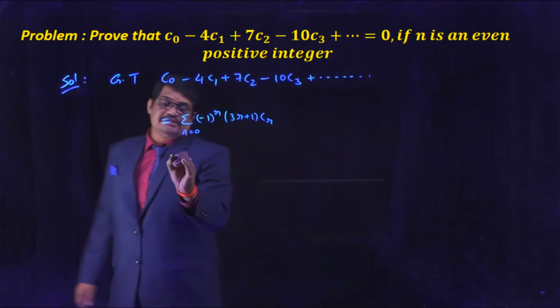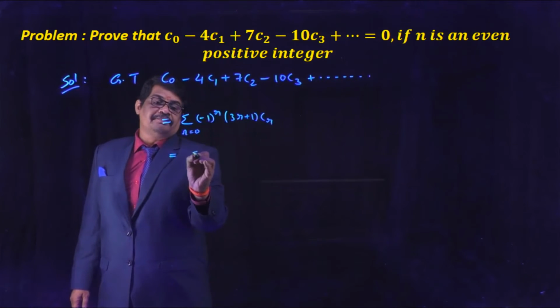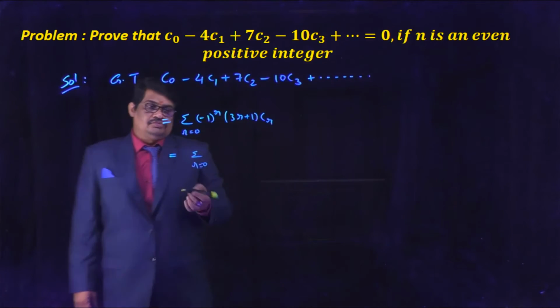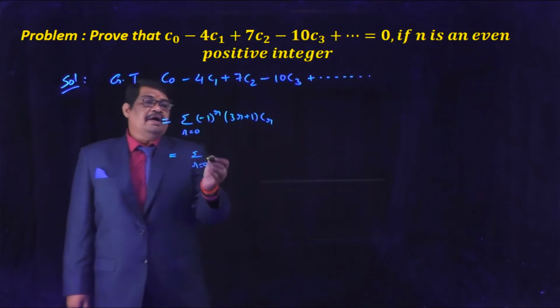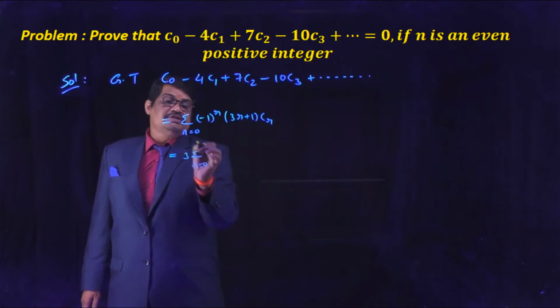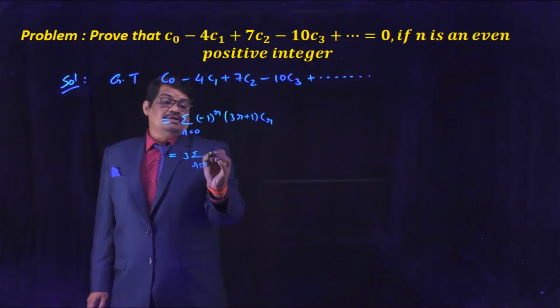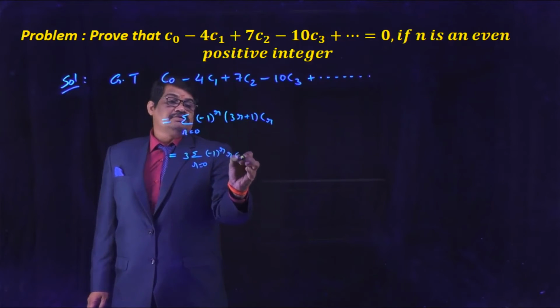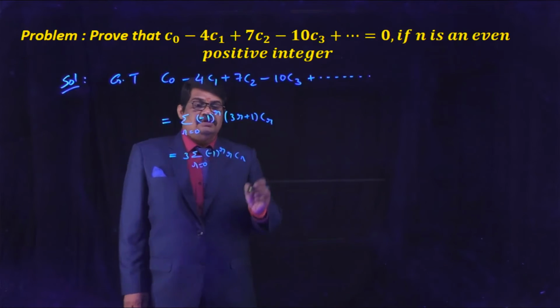That is equal to sigma r equal to 0 to n of minus 1 to the power of r. Now 3 is the constant. So we write 3 sigma minus 1 to the power of r into r Cr. That is the first term.